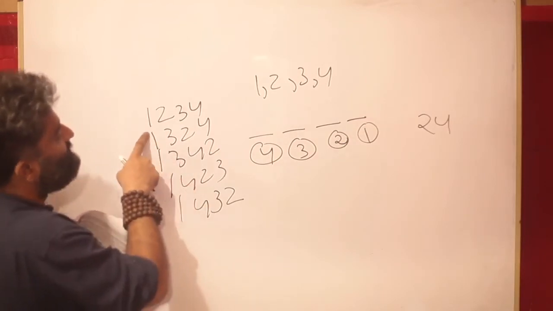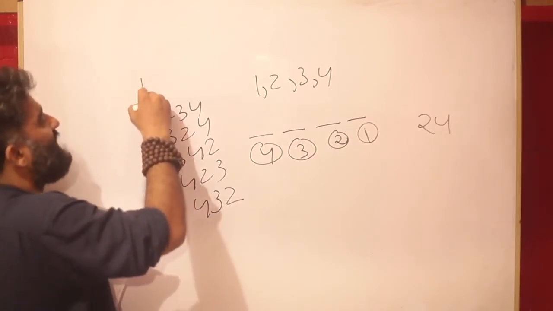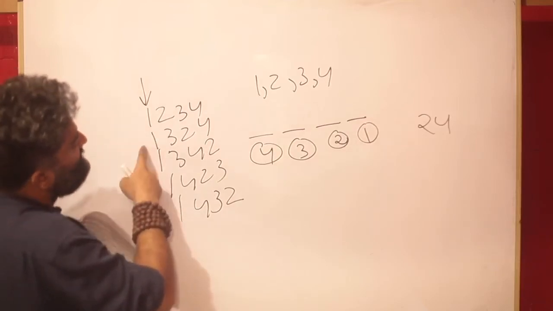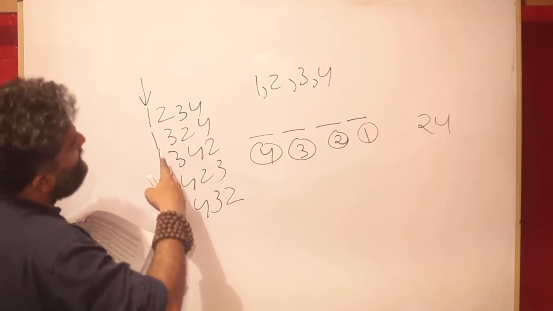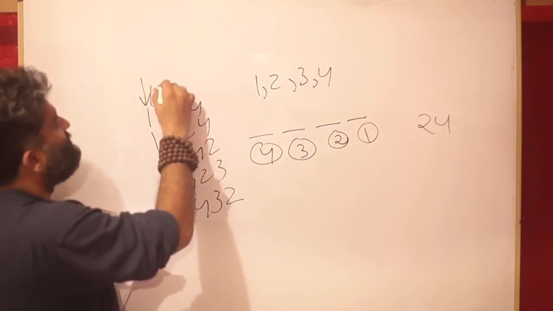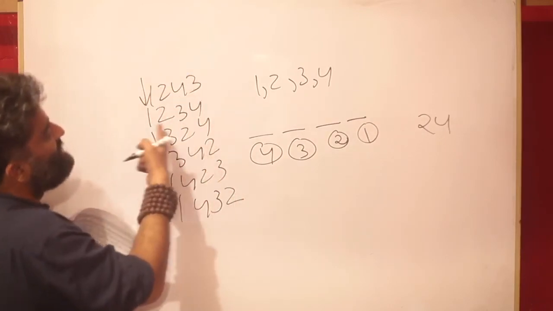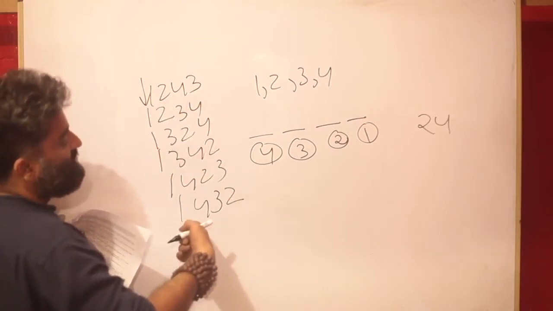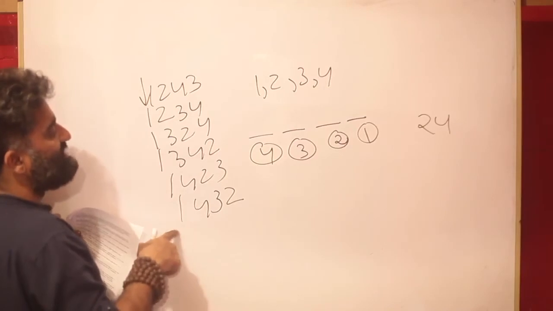So if I look at 1, for example, in the leftmost position, 1, 2, 3, 4, 1, 3, 2, 4, actually 1, 2, 4, 3 also I missed. 1, 2, 3, 4, 1, 2, 4, 3, 1, 3, 2, 4, 1, 3, 4, 2, 1, 4, 2, 3, 1, 4, 3. Can you think of anything else starting with 1?